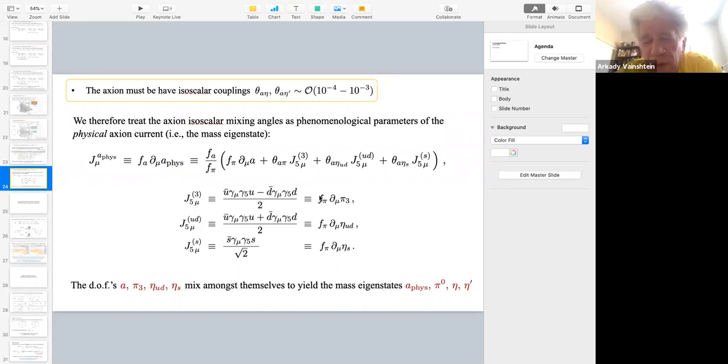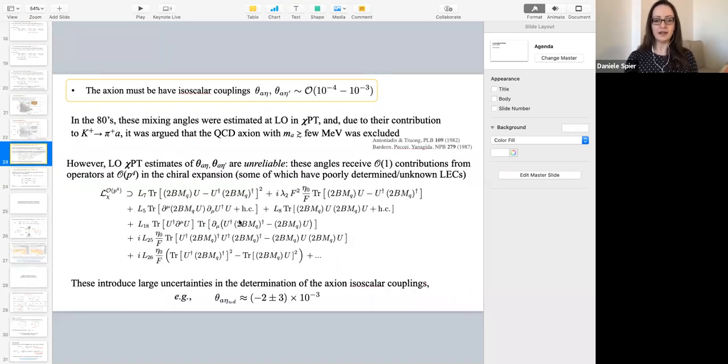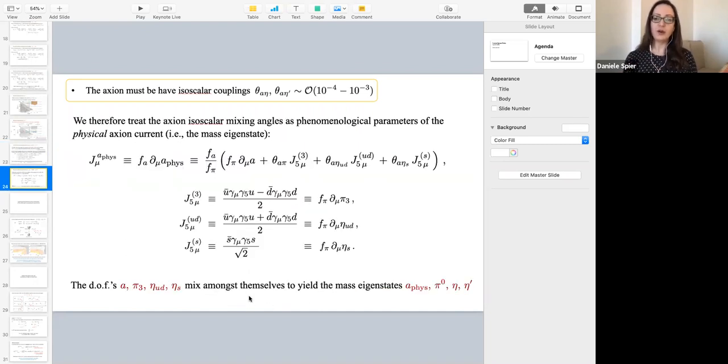Right. But people would say go to the lattice and calculate, right? Go to the lattice, yes, of course. But to the best of my knowledge, there has been no lattice attempt to determine all of the combination of the parameters that you would need to estimate these mixing angles. And so for lack of better information and better theoretical calculations, my point is the best way to approach this, we thought, is to say we don't really have a reliable way to estimate these isoscalar mixing angles.